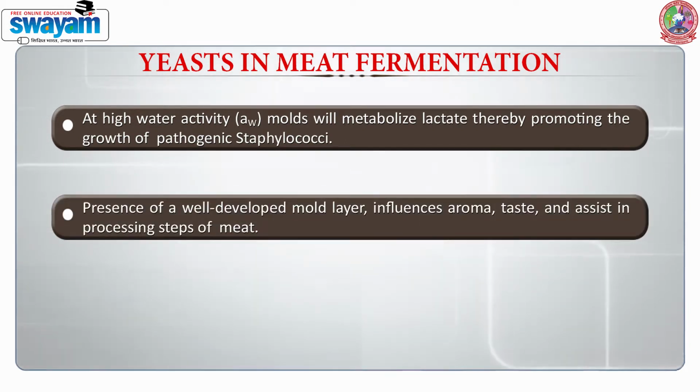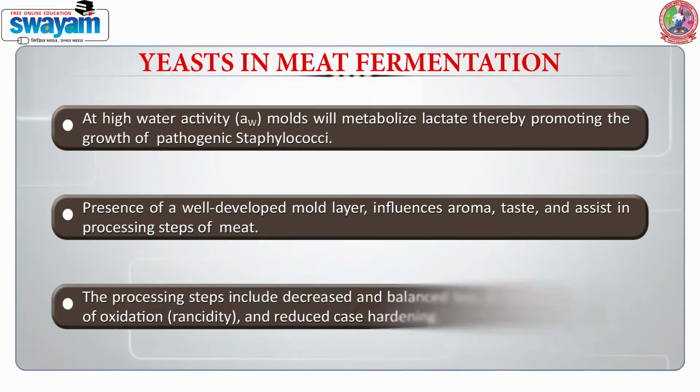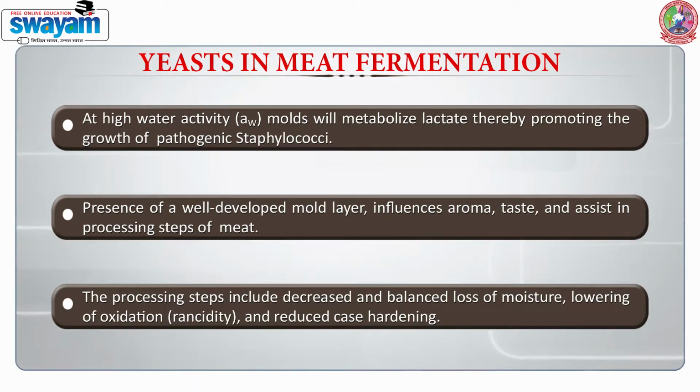Presence of a well developed mold layer influences the aroma, taste, and assists in the processing steps of meat. The processing steps include decreased and balanced loss of moisture, lowering of the oxidation, and therefore affecting the rate of rancidity produced, and it also reduces the case hardening of the final product.